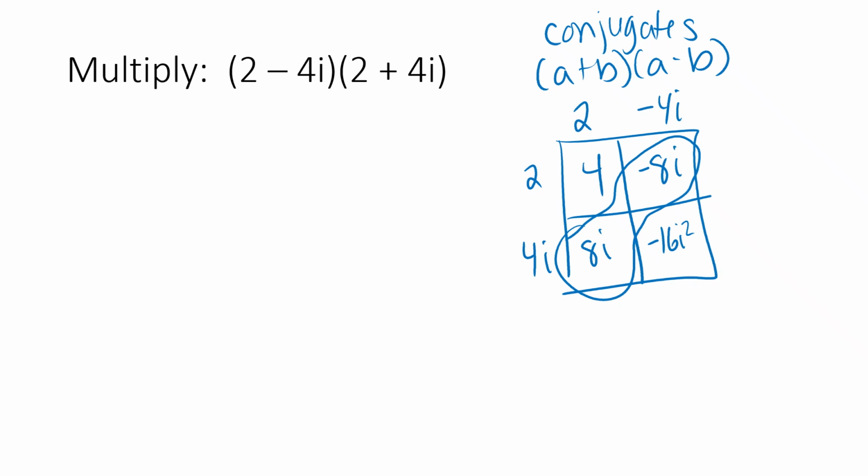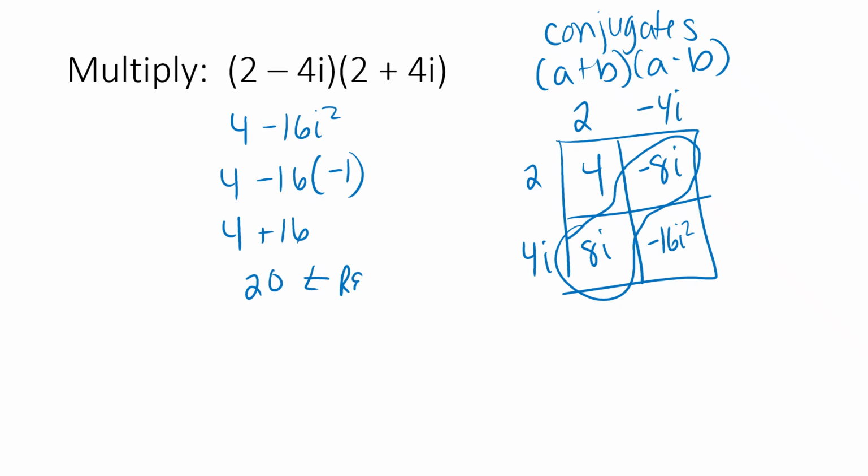And so you multiply and they will cancel out, leaving you with 4 minus 16i squared. i squared, remember, if you see an i squared, you substitute it out with the -1. -16 times -1 is positive 16, and 4 plus 16 is 20. And what I want you to notice is that that was a real number.